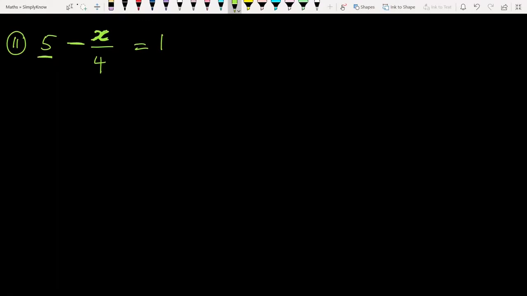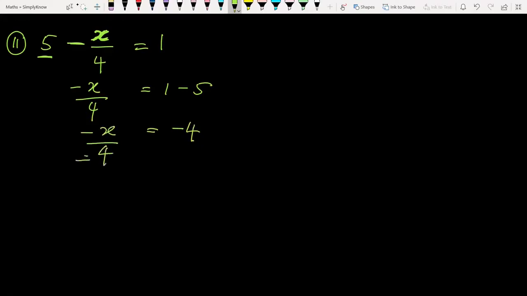So if we transfer this 5 to the other side, it will become 1 minus 5. So here minus x over 4 equals 1 plus 5. 1 plus 5 is definitely, it's minus 4. So minus x over 4 equals minus 4.